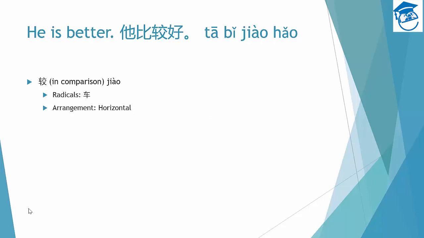So 比较 is again a verb. So it gives the adjective that follows a comparative form. Okay, just like what you have learned in the previous slide. So he is better without the compared object. You have to say 他比较好.